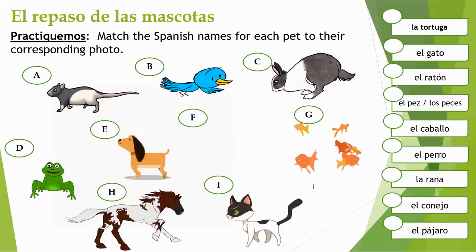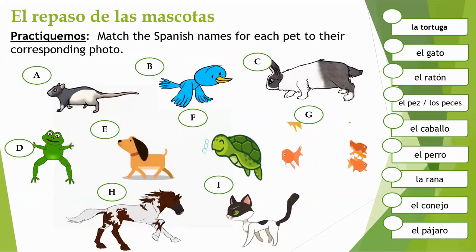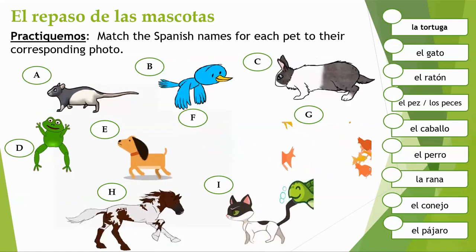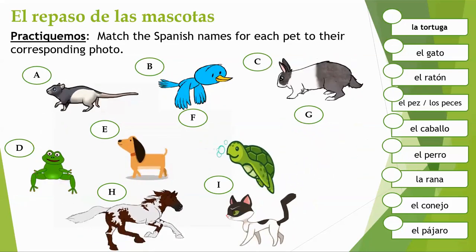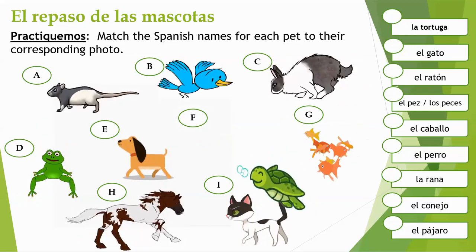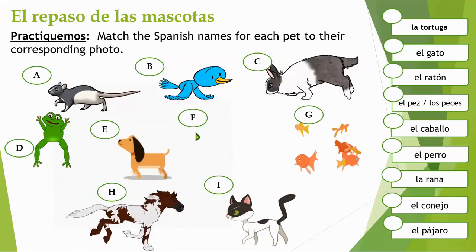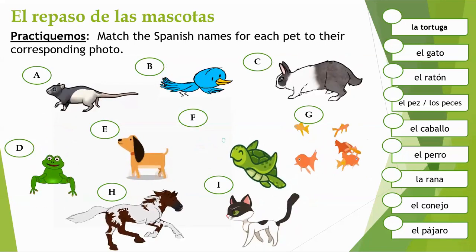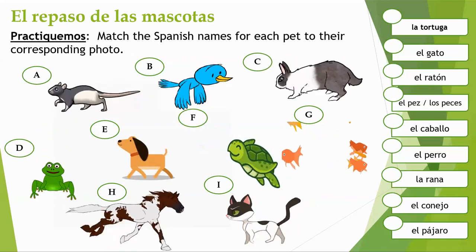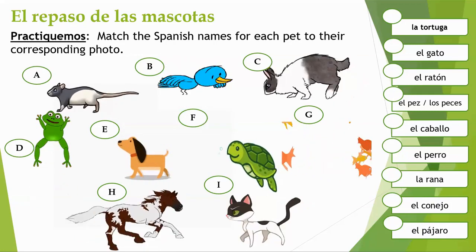Oh, okay, yes. Anybody else? I know 2. No, Jada, 3. What do you know, Jada? A is el ratón, E is el perro, and I is el gato. Okay, good. So we have A, E, F, and I already done.